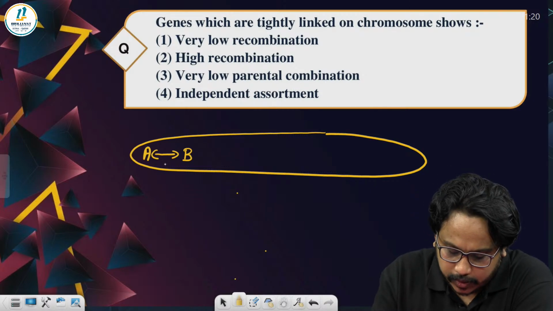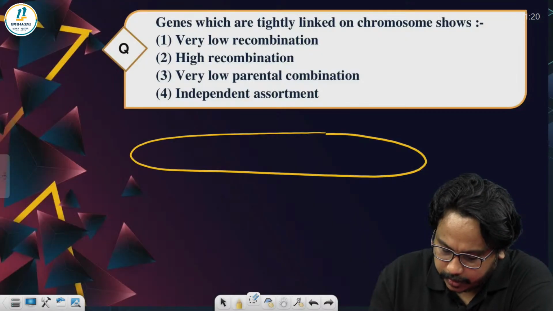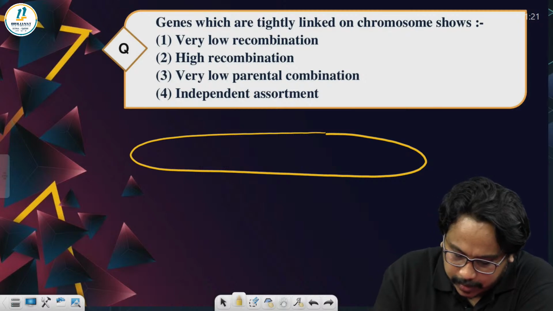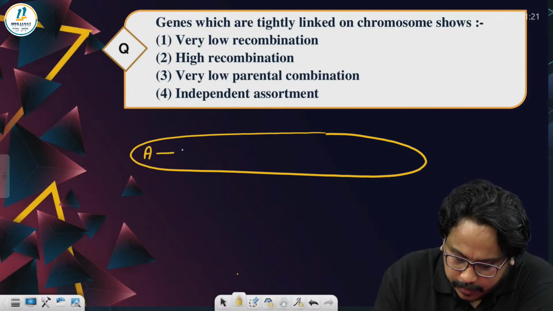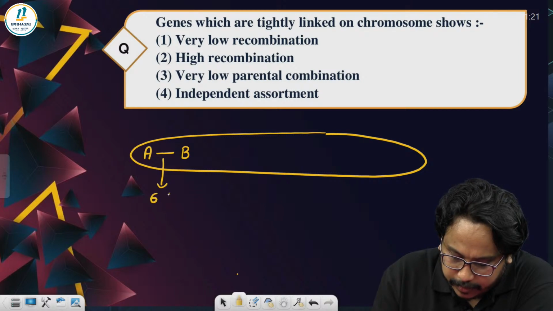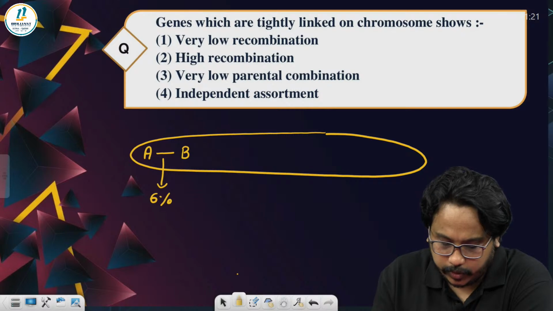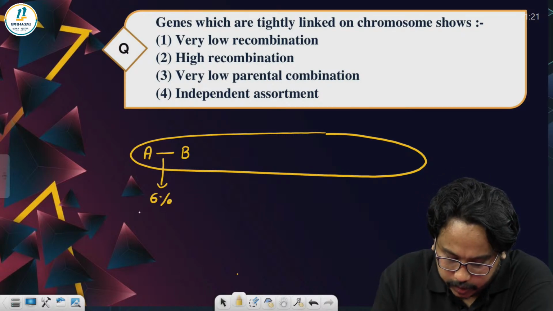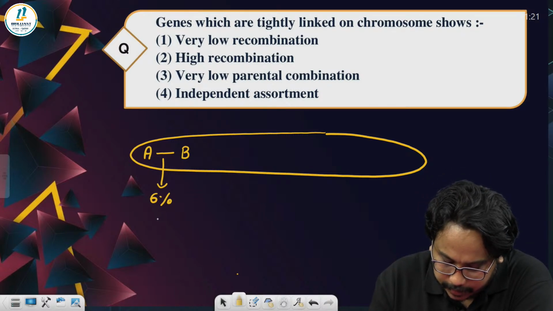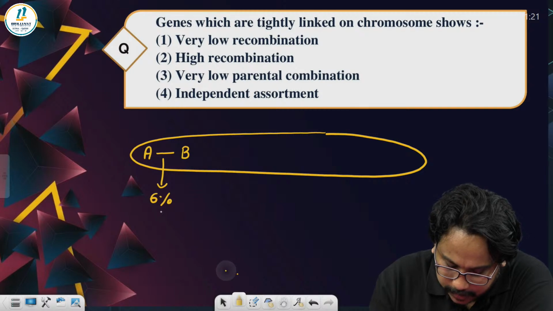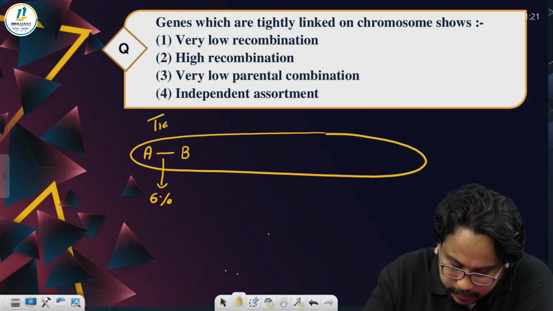Such type of genes which show very less recombination are called tightly linked genes. For example, if the percentage of recombination between A and B is 6, I will tell they are very close to each other. Such type of genes are called tightly linked genes.